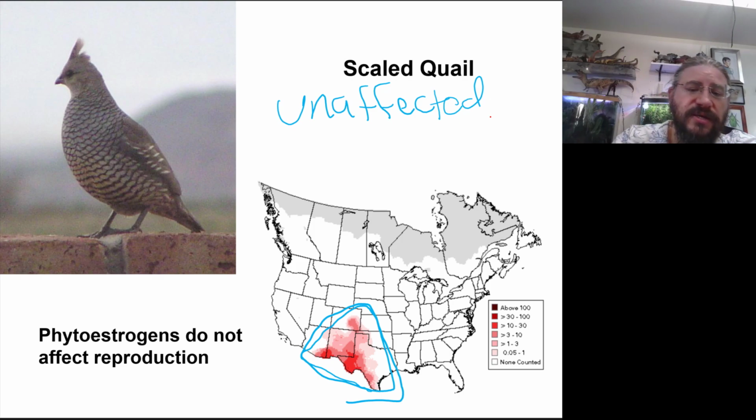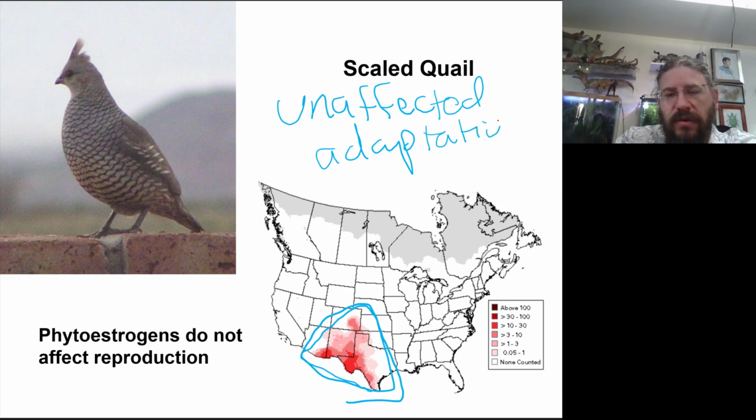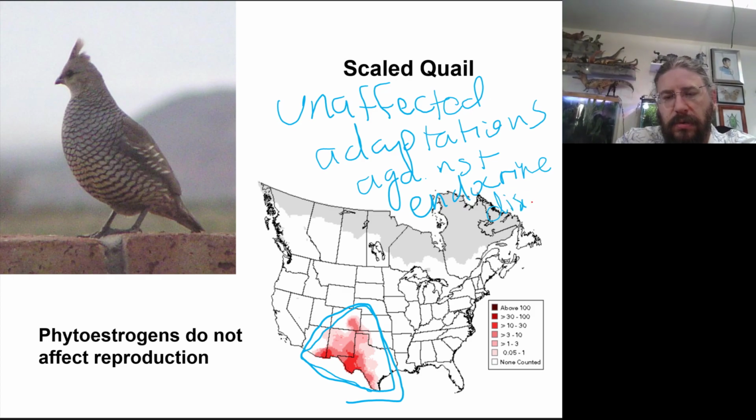So they have adaptations against the endocrine disruption of phytoestrogens. So that's kind of cool. So they can successfully reproduce while eating these desert annuals.